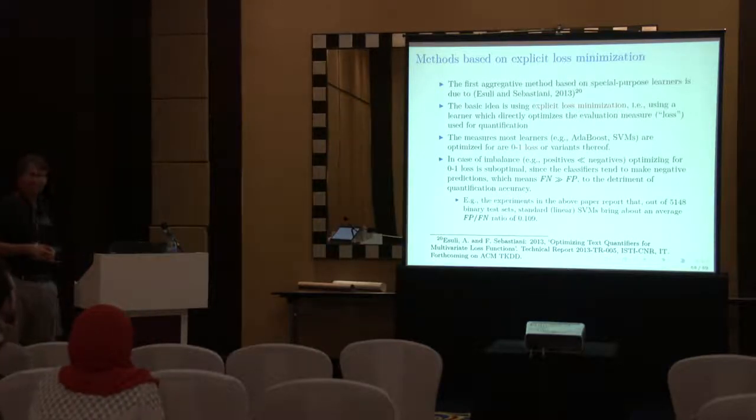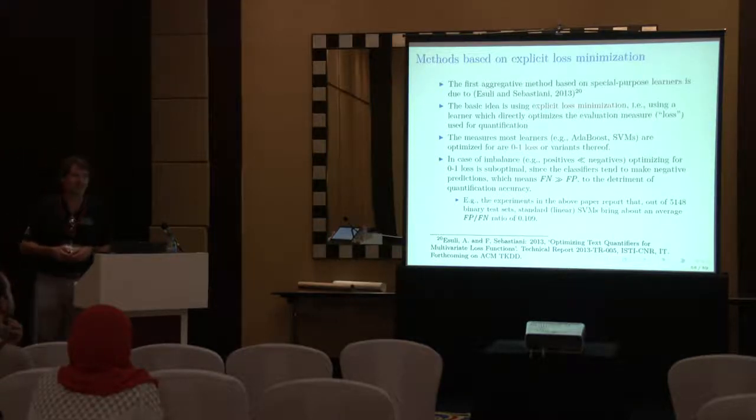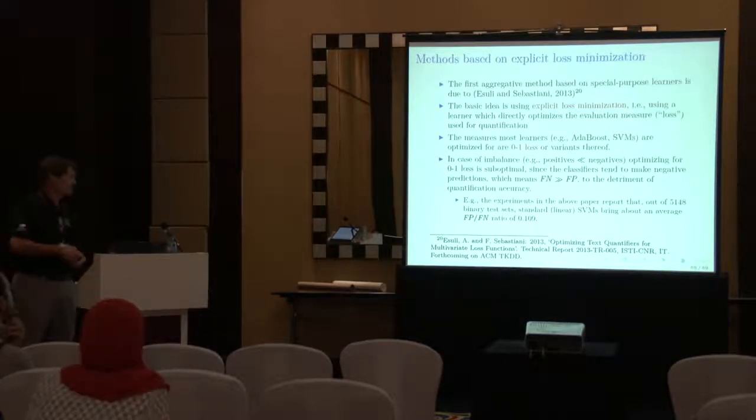That is a bit of a problem, because standard learners, such as SVMs, are optimized for standard accuracy and 0-1 loss, or variants such as the hinge loss.